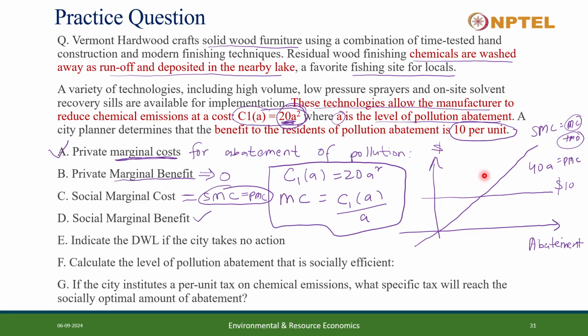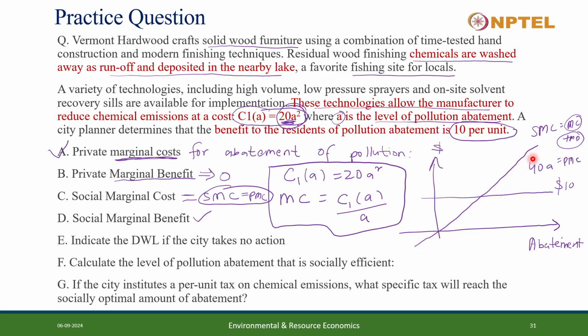If we try to draw price versus abatement, the benefit curve will be 10, that is constant, so it will be parallel to the x-axis. And we get the private marginal cost, which is the differentiation of this, that will be 40A. So the private marginal cost and the social marginal cost will be 40A.